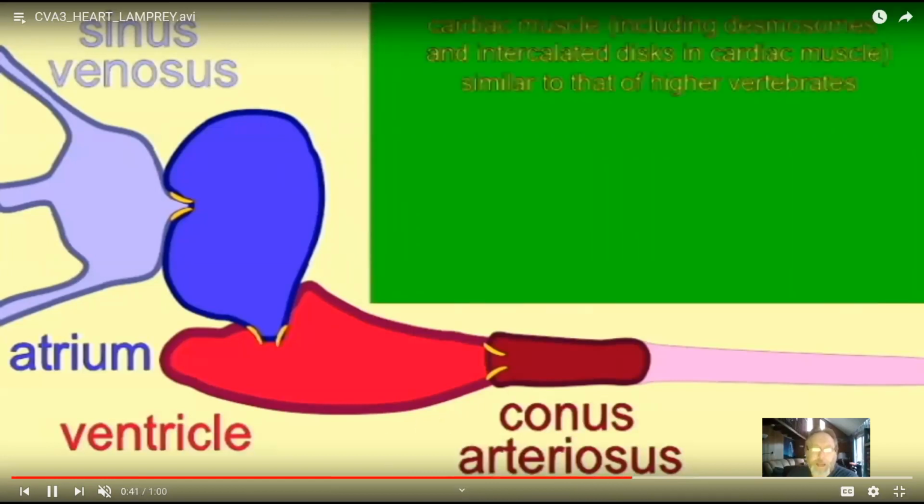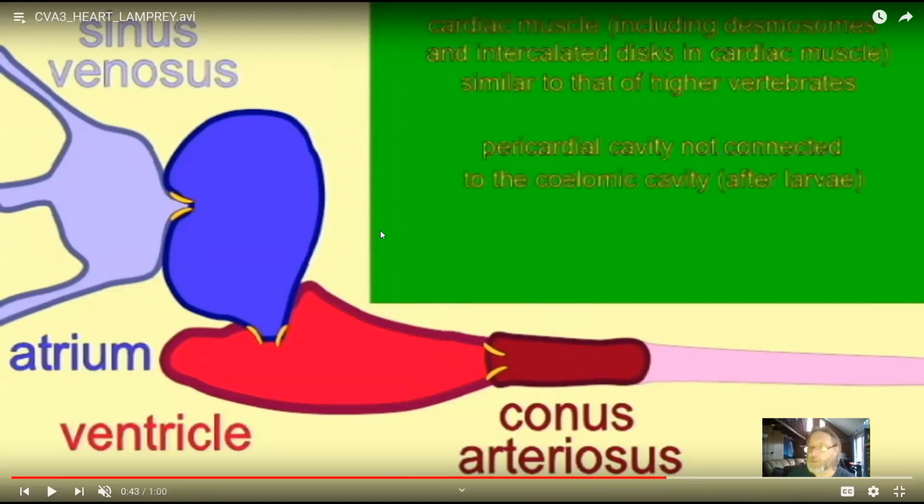The cardiac muscle has some of those junctions that I mentioned earlier, like desmosomes and intercalated discs, like that of higher vertebrates. Hagfish have a pericardial cavity. In fact, some of the invertebrates have a pericardial cavity, but in the invertebrates, the pericardial cavity doesn't completely surround the heart, and thus the pericardial fluid isn't only limited to being around the heart.